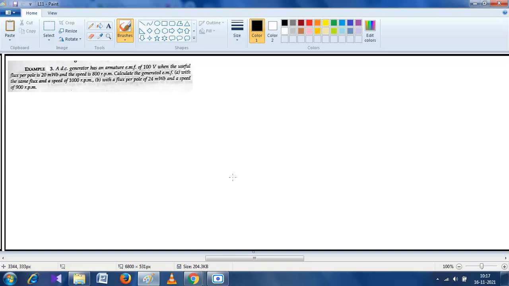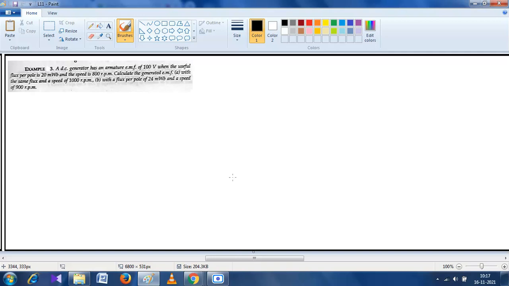Calculate the generated EMF in case A with the same flux and a speed of 1000 rpm, and in case B with a flux per pole of 24 milliweber and a speed of 900 rpm.